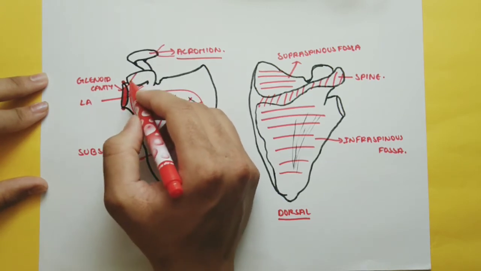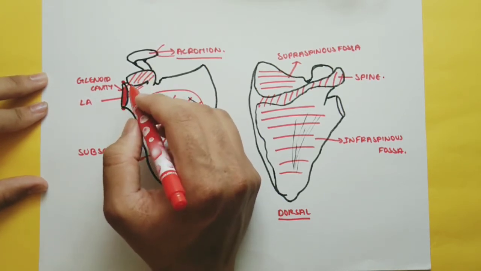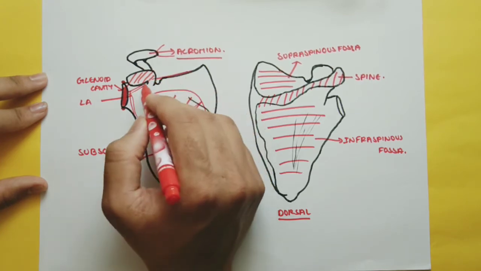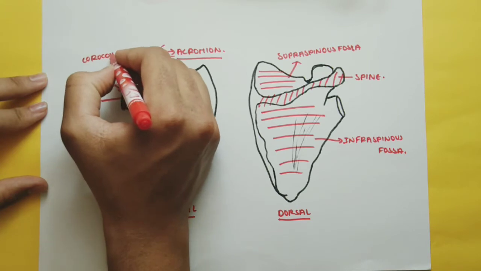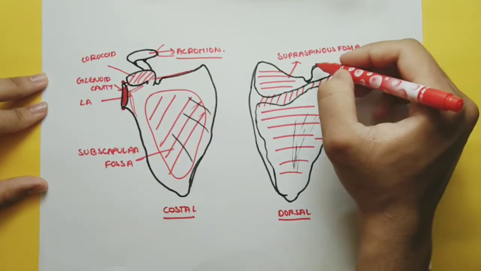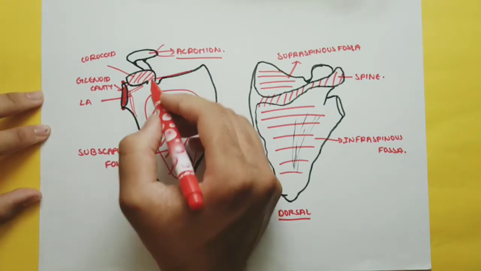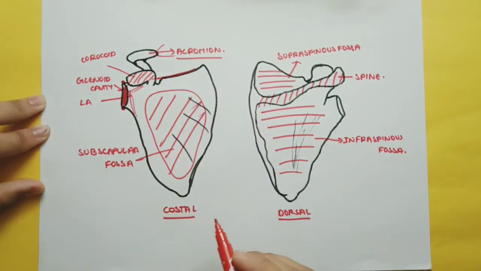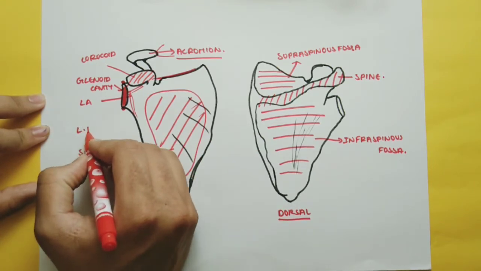This is the coracoid process of the scapula, formed from the upper border of scapula. Now, this is the lateral border.